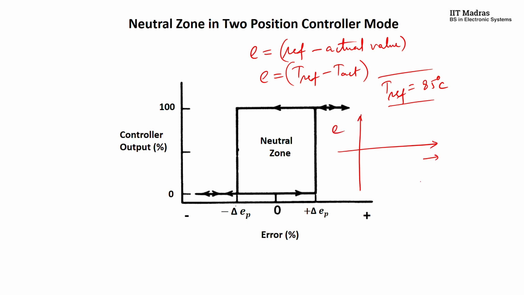Error versus time. So assume that now we are solely relying on this expression of error, which is the reference minus the actual value, which could possibly change dynamically over time. Why? Because we are feeding in water as we use water downstream.